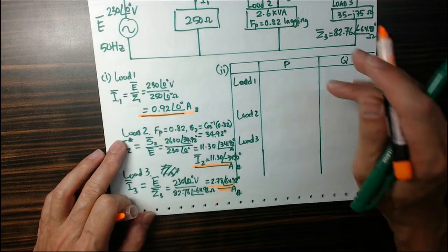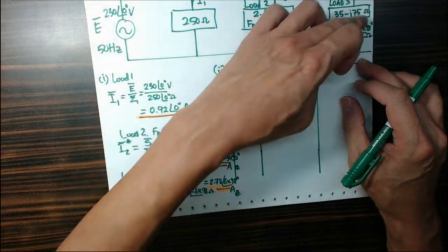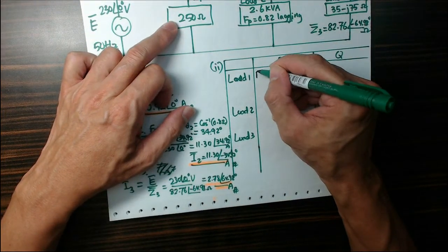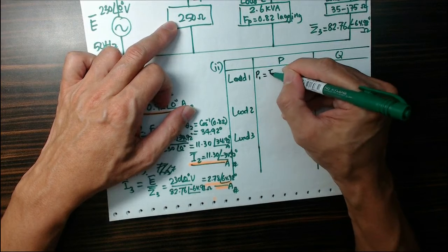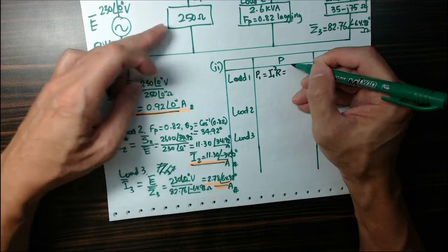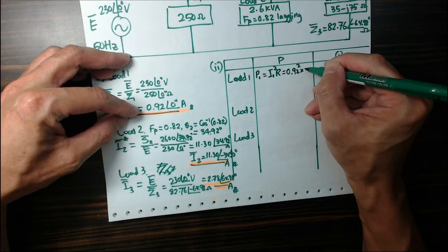Now we look at the real power or true power and the reactive power of each of these branches. For load 1, the real power P1 can be calculated from I1 squared times R, which means 0.92 squared times 250.